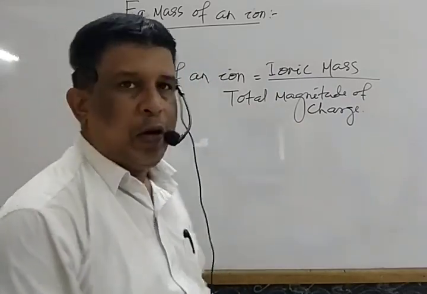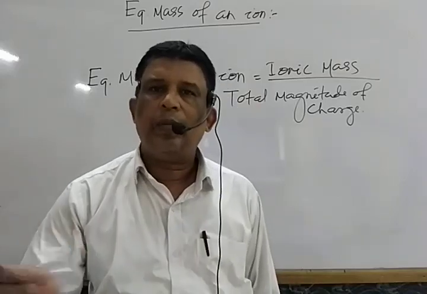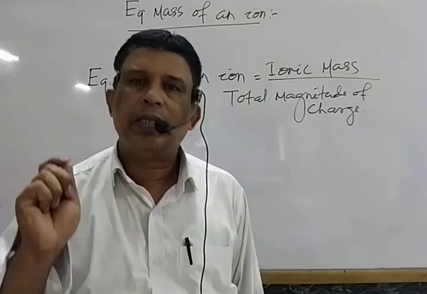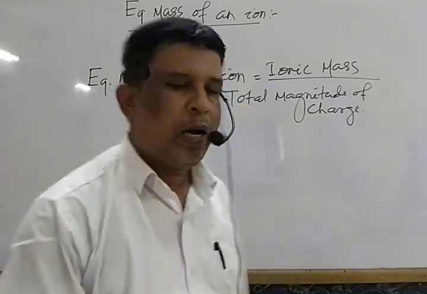I repeat again, equivalent mass of an ion is equal to total ionic mass divided by the total magnitude of its charge. Let us apply this concept to calculate the equivalent mass of some ions.